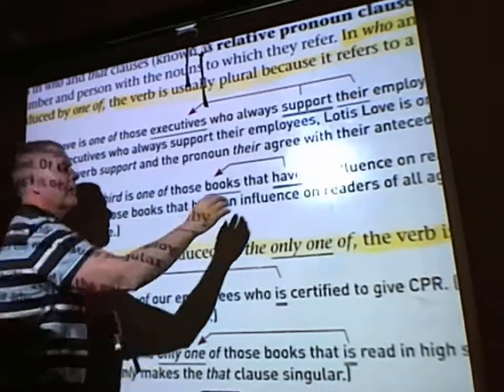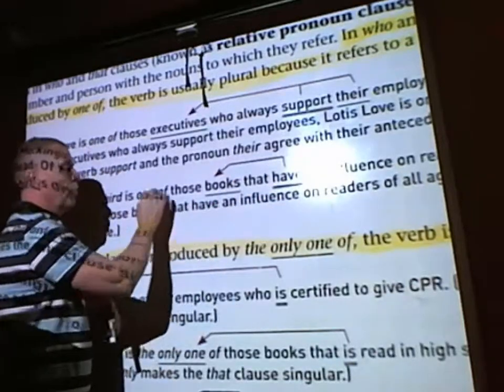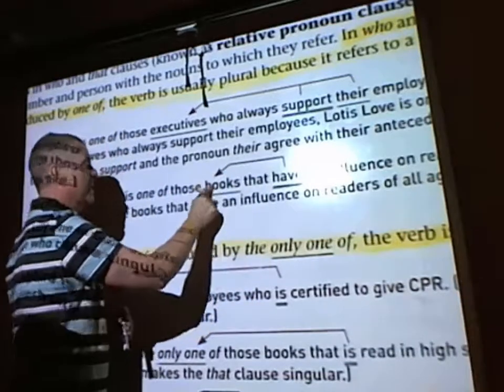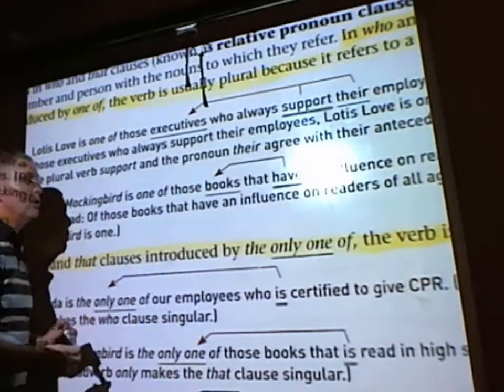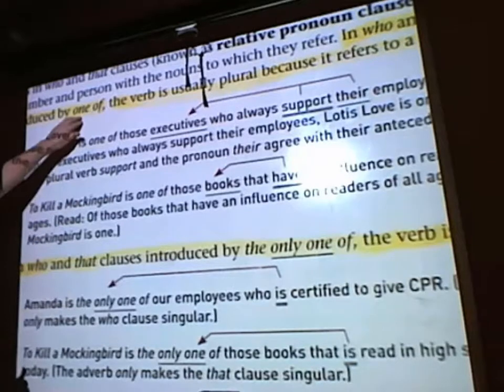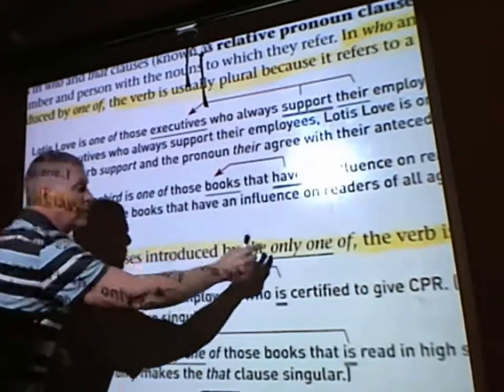Now, on the other hand, when you have a who or that clause introduced by only one of, not one of, but the word only, just add the word only to it, then the verb becomes singular. So Amanda is the only one of, not one of, we've added the word only.